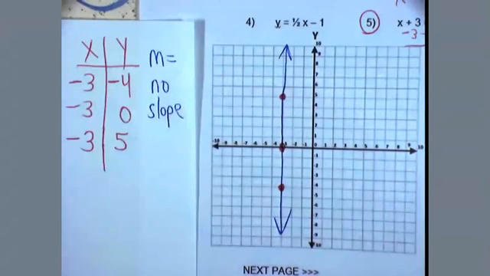It's just going straight up and down, no slope at all, or undefined would be acceptable. So if you have x equal to any number, positive or negative, then expect to draw a vertical line with no slope.